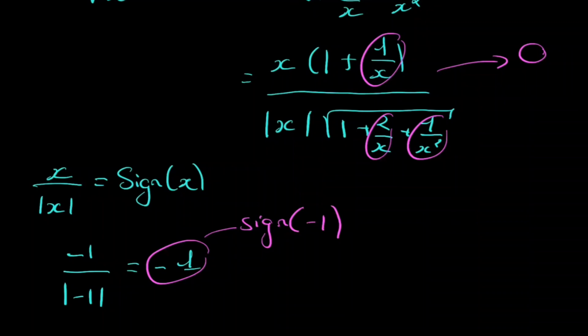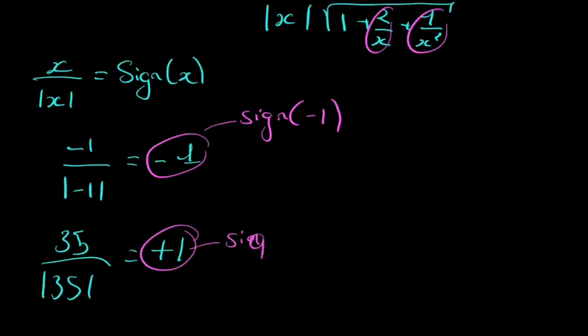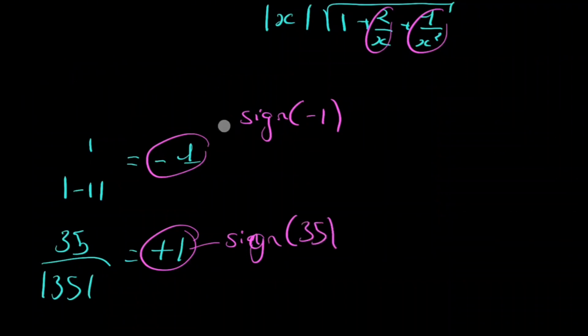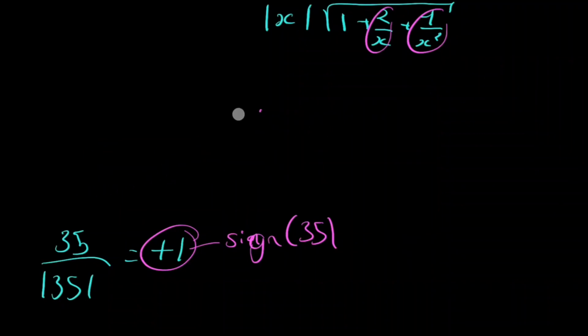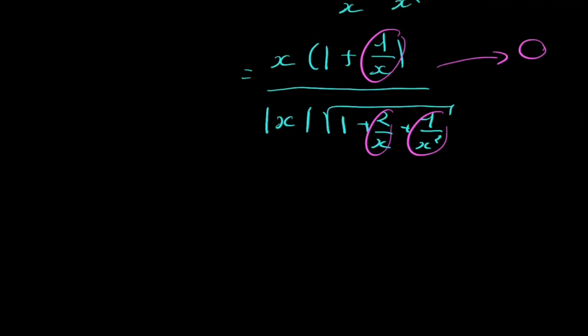If I had 35 over absolute value of 35, I would have plus 1, because the plus is the sign of 35. Now that we know it, let's erase this thing. Now that we know it, we can easily solve our limit.